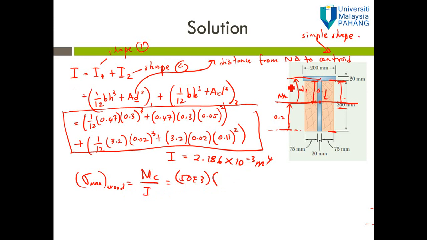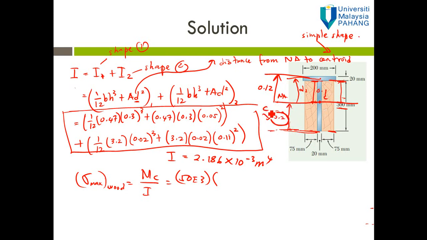C is from the neutral axis to the top surface or bottom surface. For this case we use the distance from neutral axis to the bottom surface because the distance is higher, 0.2. The distance from neutral axis to the top surface is 0.12, but to the bottom surface it is 0.2.